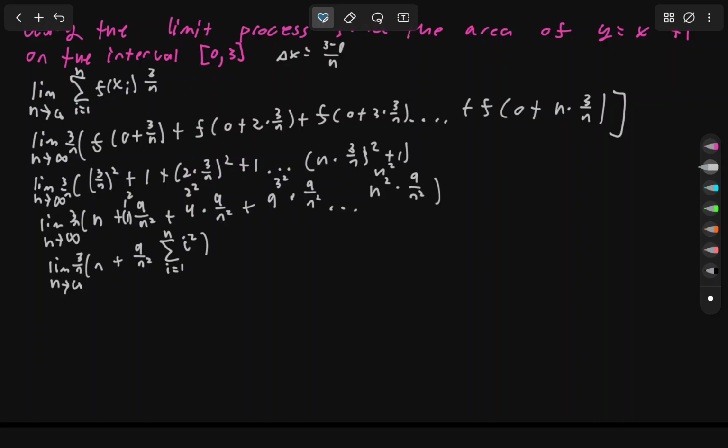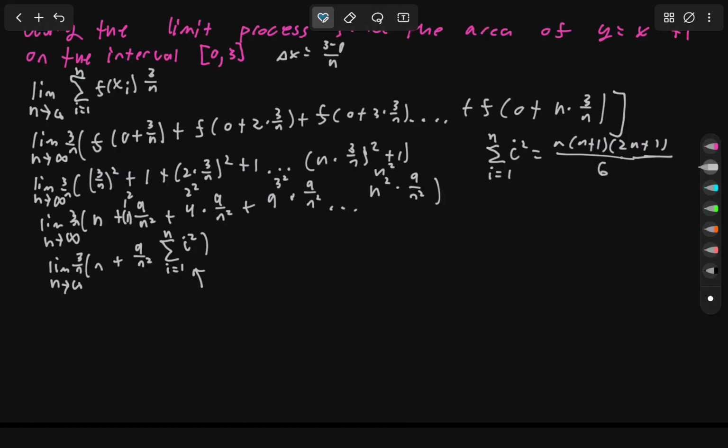Okay, so now we have to sub in what this summation is equal to. We know that the sum from i equals 1 to n of i squared is equal to n times n plus 1 times 2n plus 1, all over 6.